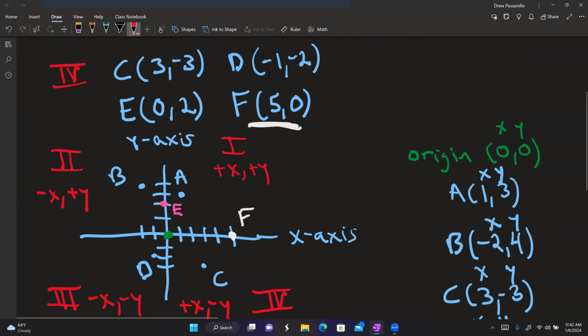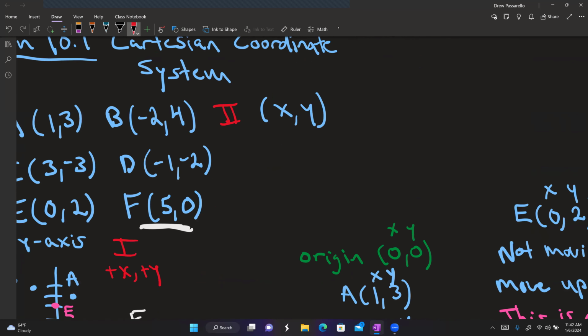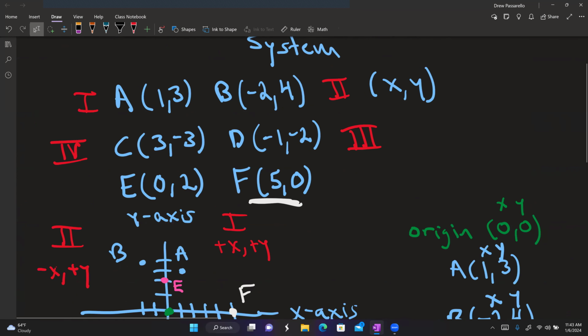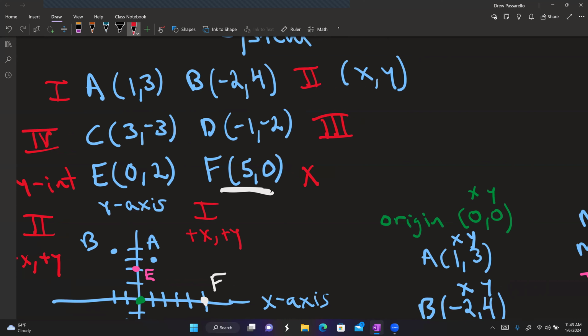And point D was in quadrant 3. Both X and Y are negative in quadrant 3. And then E and F do not lie in the quadrants, they're intercepts. And so point E was on the y-axis at 2, and so this was a y-intercept. Point F was on the x-axis at 5, and so that was an x-intercept.